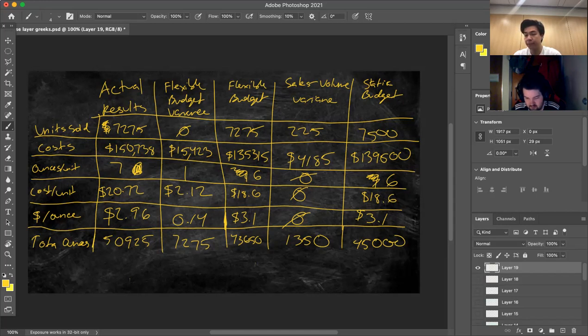For the sales volume variance, I got 4,185. It was negative, but you just ignore the negative, right? Okay. Is that favorable or unfavorable? Unfavorable. Why is it unfavorable? Let me look. So it's the static budget or the flexible budget minus the static budget.